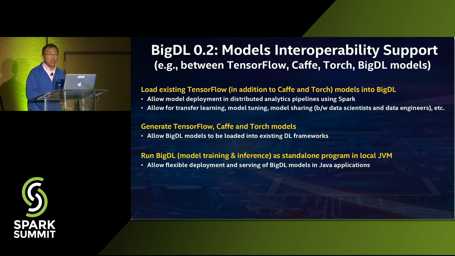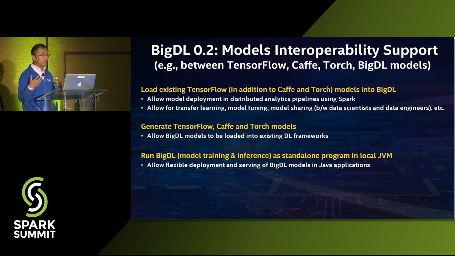The other part our users actually ask a lot about is model interoperability. Basically, you can now use BigDL to load a TensorFlow model, Caffe model, or Torch model directly into BigDL so that you can use that in your Spark analytics pipelines.